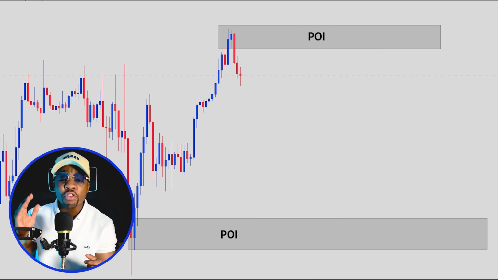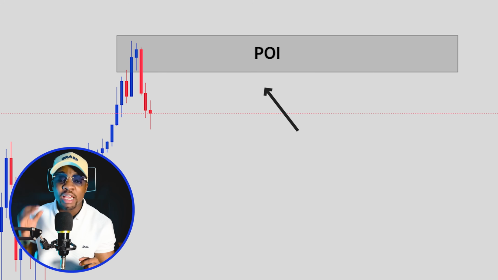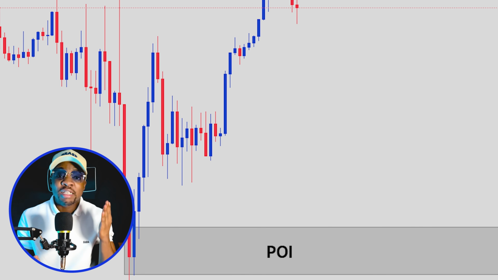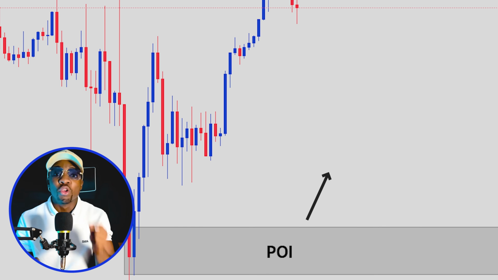If a point of interest is sitting at a high, we are looking for shorts, and if a point of interest is sitting at a low, we are looking for longs, or we are looking to buy. Simple, intentional, and precise. So let's get into the flow of each and everything.